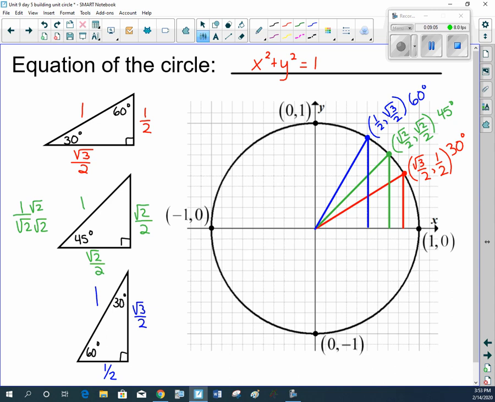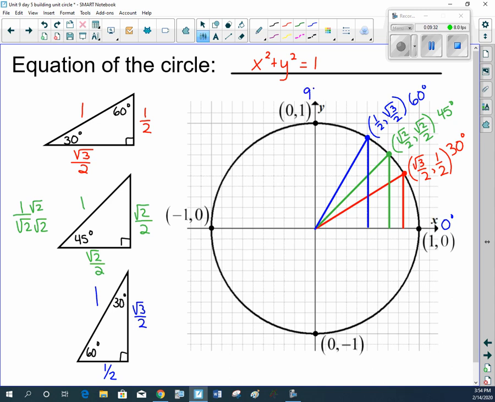So if you notice, there's multiples here of angles. So we started right here at 0 degrees. If you think of this as 0 degrees at the 1, 0 point, this next angle, this red one right here, would be 30 degrees away. And then if we skip the 45, we're going to go to 60 degrees. These are multiples of 30. 0, 30, 60.